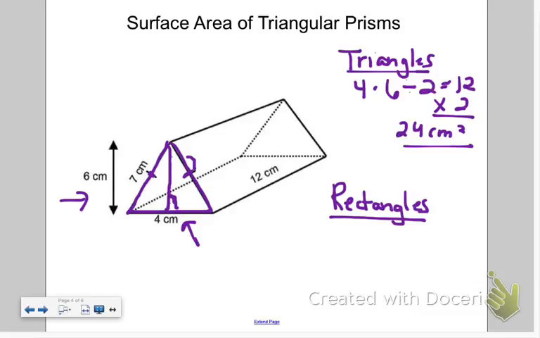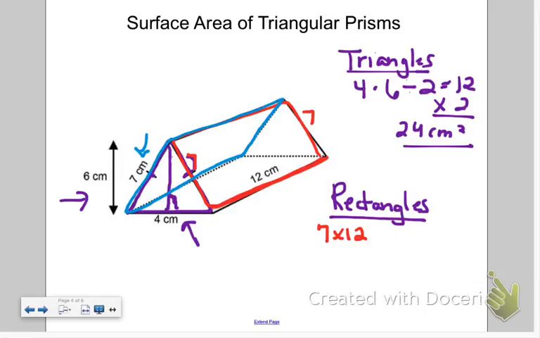The 2 that are going to be the same are going to be the ones that have 7 as their width. So we had 7 here, which means we have 7 over here, and our, of course, length is 12. So 7 times 12 would be for this rectangle right here. And another rectangle that would be 7 times 12 would be this one right back here.